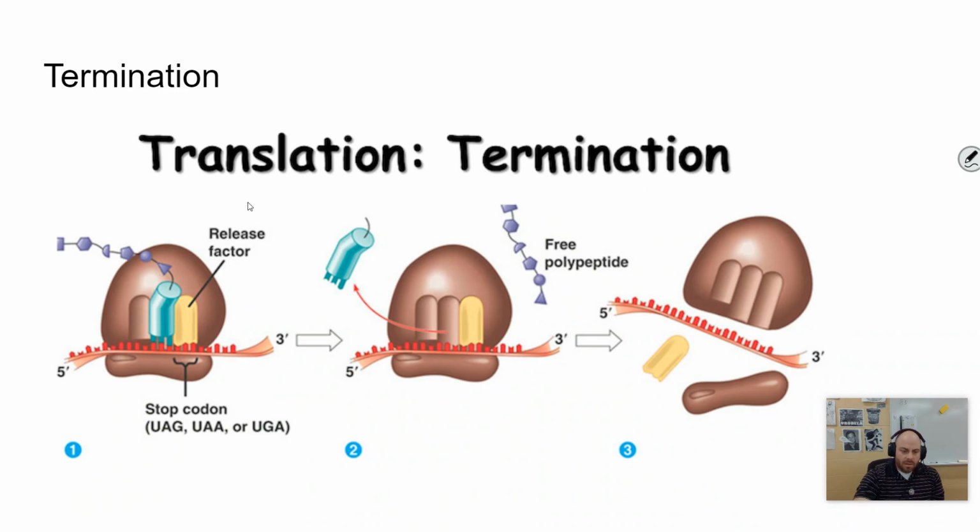Once it gets to the stop codon, and I like how this one looks like a kite string, the stop codon doesn't have a tRNA for it. It has this thing called a release factor, not important. But basically, the release factor causes this polypeptide to release.